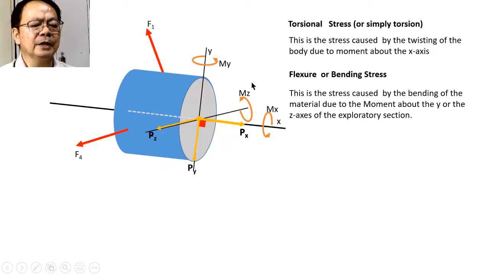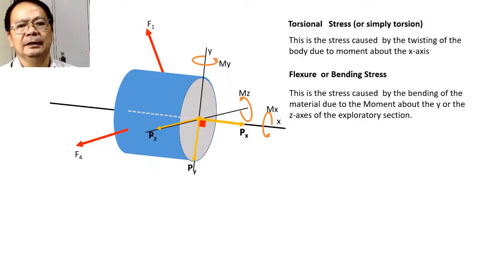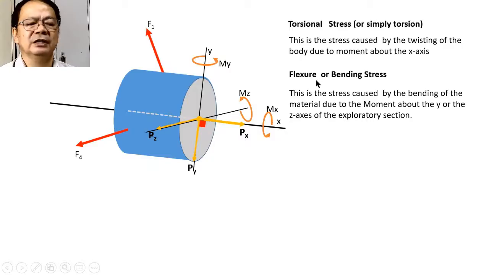Itong dalawang moment na ito will be causing what we call a bending effect of the material. And the stress that will be caused by that bending effect is called the flexure or bending stress. And in most books, okay, it is found on the later part after the torsional.